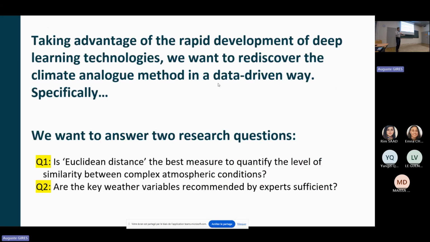Maybe there is a feature like 0.5 temperature plus 0.3 humidity, something like that, where the combination of them is actually a better indicator, instead of comparing temperature, humidity and pressure separately. So we have these two questions we want to address in this work.